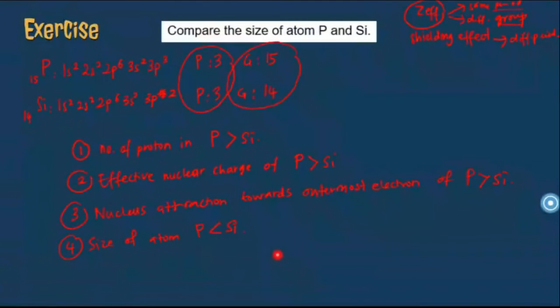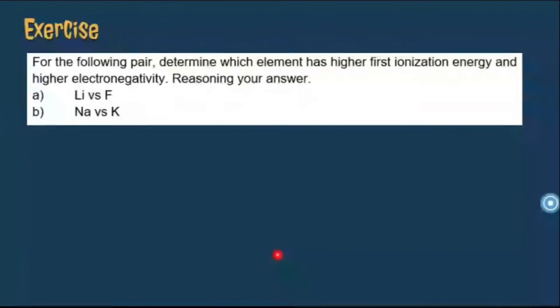So how about this question? This question asks you to determine which element has higher first ionization energy and higher electronegativity, reasoning your answer. So we look at question A. We have lithium and fluorine.